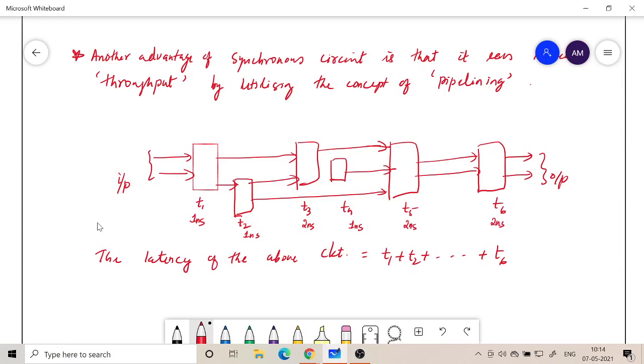If this is how the timings are, then I just need to add up all of this: 4, then 5, 6, 7, 8, 9. So this is going to be 9 nanoseconds.